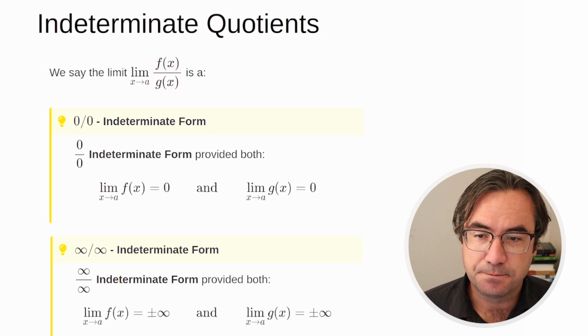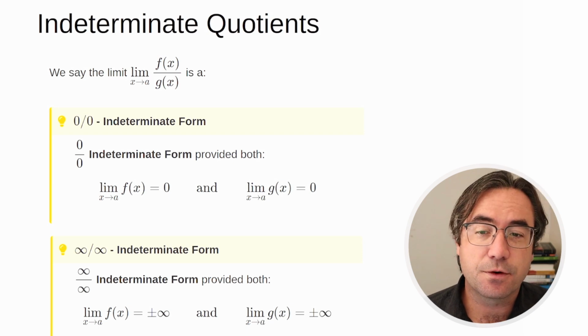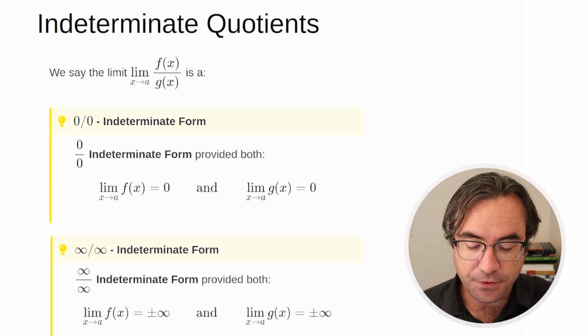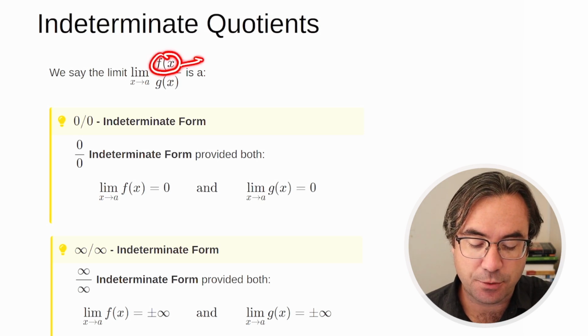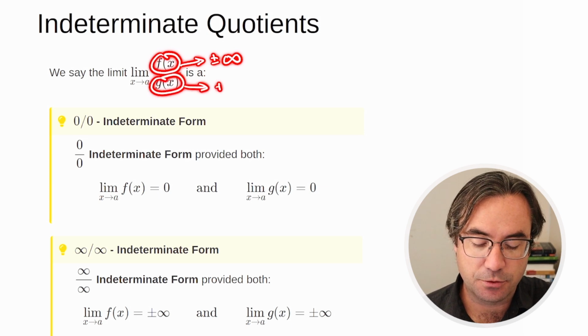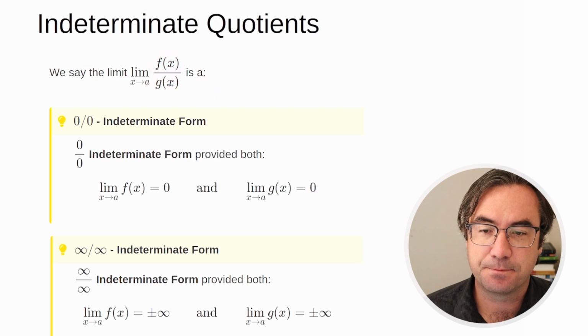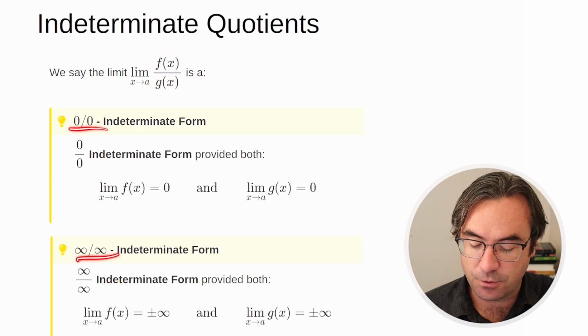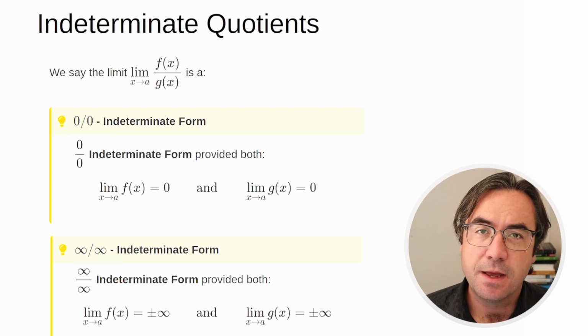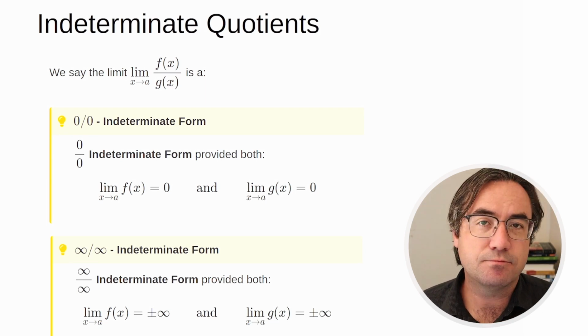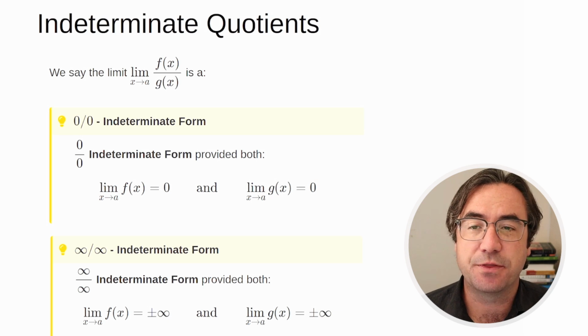The other one we saw was an infinity over infinity form. This is when the top function approaches either plus or minus infinity and the bottom function approaches either plus or minus infinity. So these were the two types of forms that we've looked at before. And we looked at algebraic techniques to help us with these.